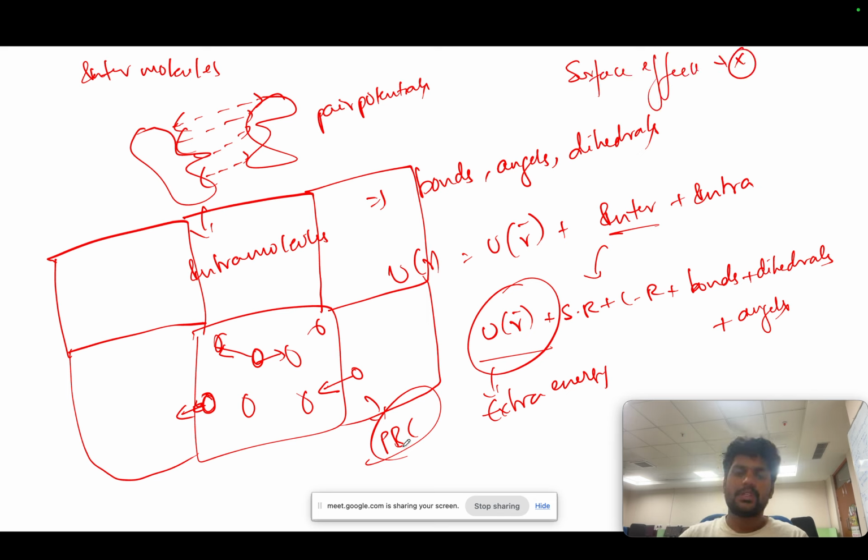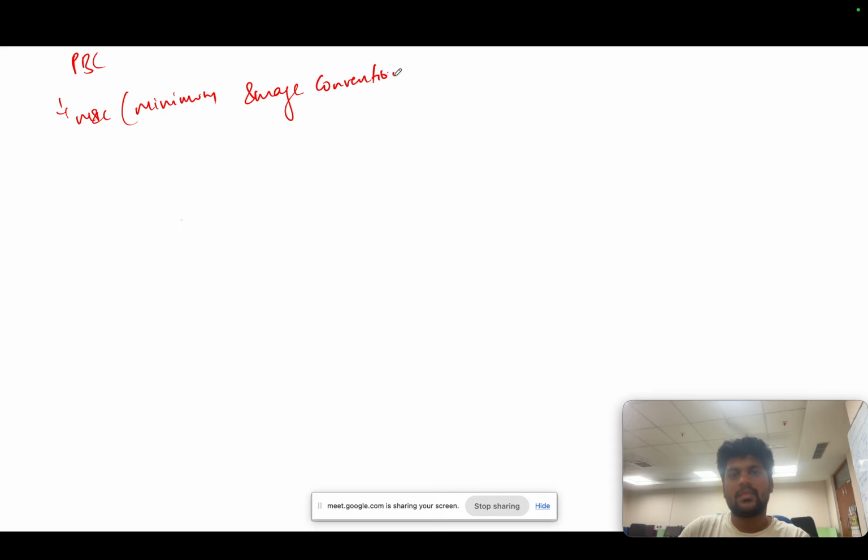But the problem with the PBC was you are calculating all the systems, so it means n square atoms. You are calculating this atom, this atom, this atom. If you have n atoms, you are doing the calculation for n square pairs. Then comes the minimum image convention. Once the PBC is done, we get the minimum image convention, where we have taken a particular molecule.